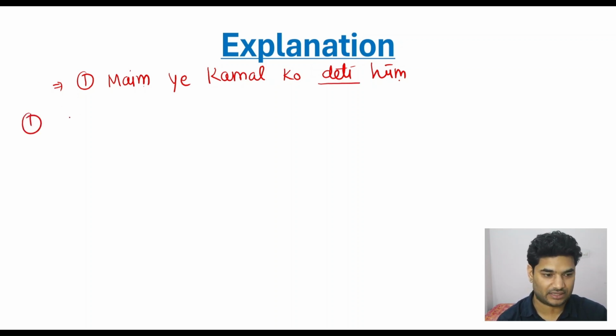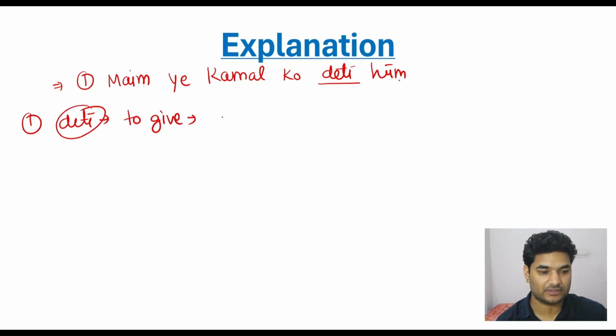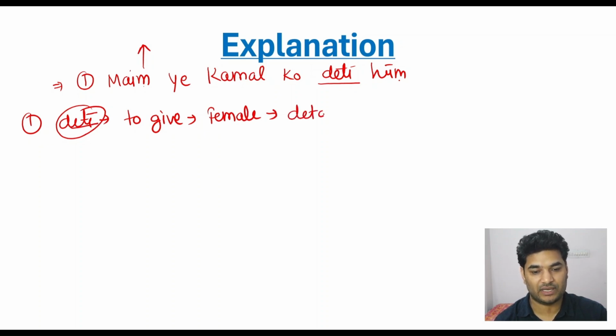The first thing is deti. Deti is to give. Deti, present simple conjugation. Now, because it is deti, we know that the person speaking this is a girl or a woman, a female, right? Because deti. Otherwise, for a guy, it would be deta.